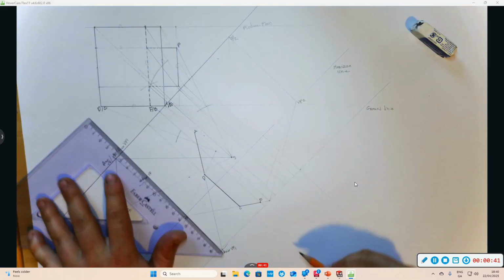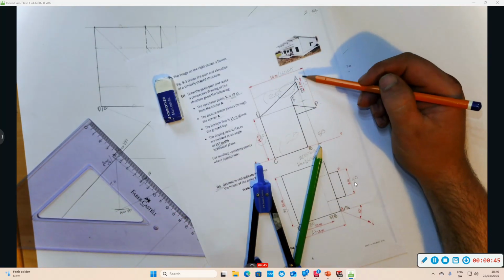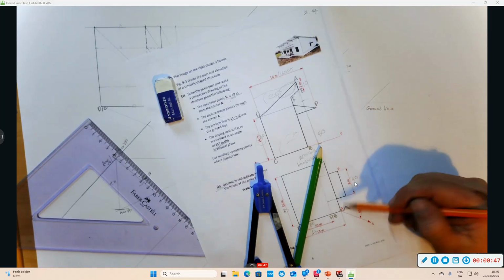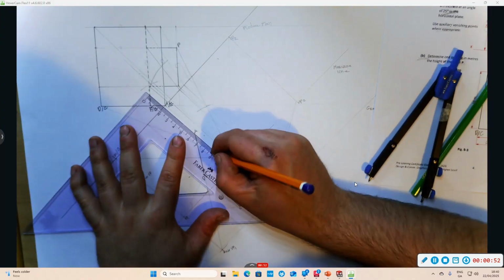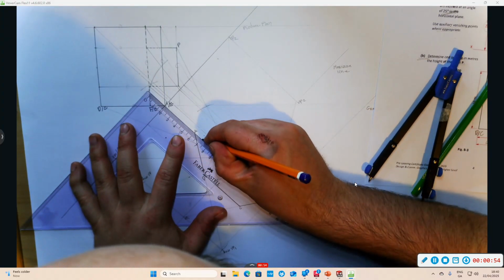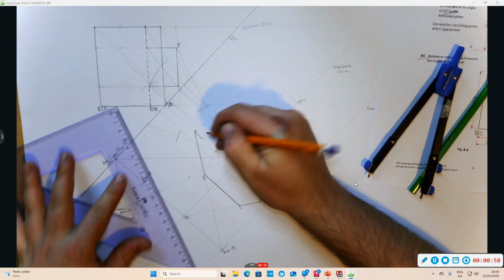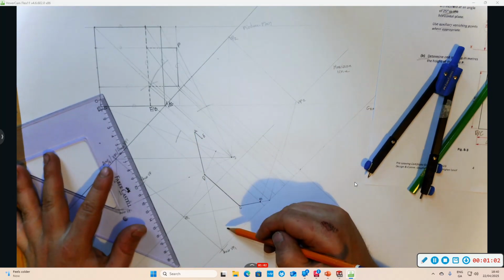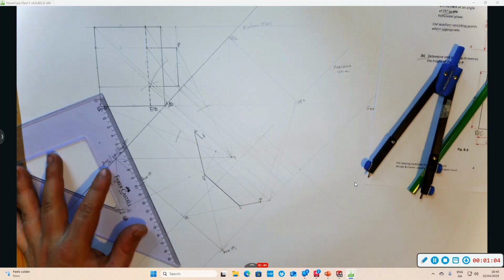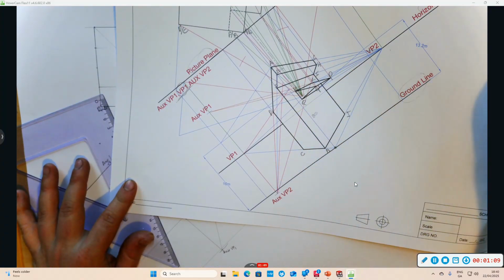Right, there's point D. The vertical distance between A and E is 2 meters in real life. It's on the picture plane in plan, so it's a true height in the perspective image. So after we do our scale, it's 10 millimeters, so we can just drop down 10. That's point E. Now, sloping lines join to the auxiliary vanishing point. So I can join that to the auxiliary vanishing point there.